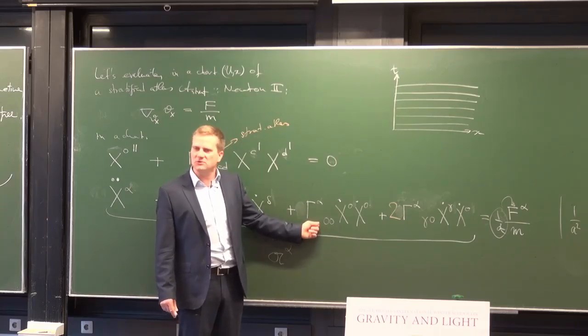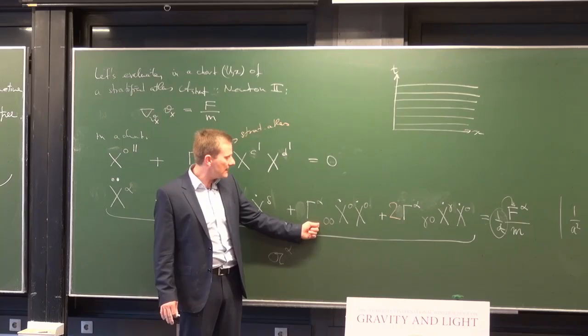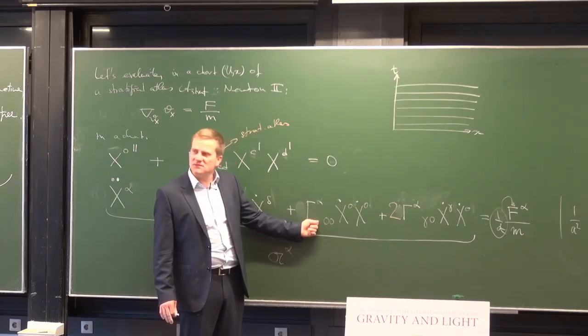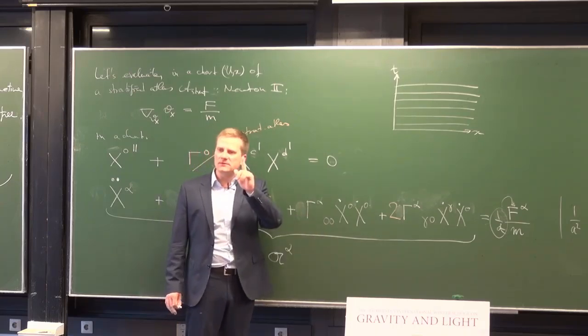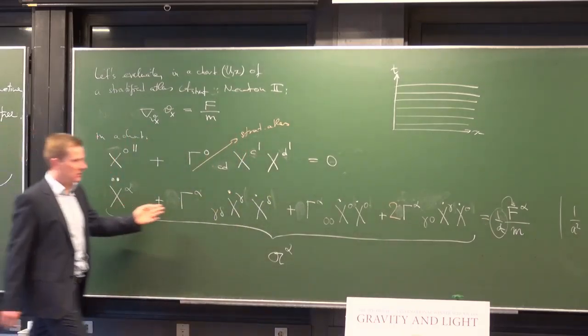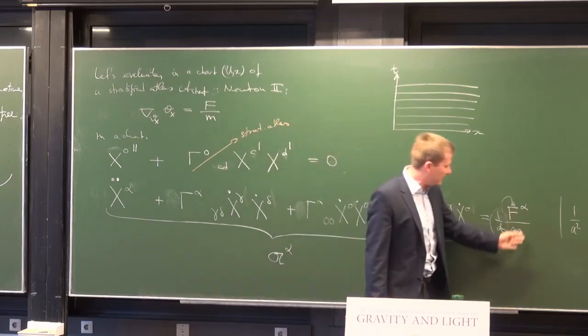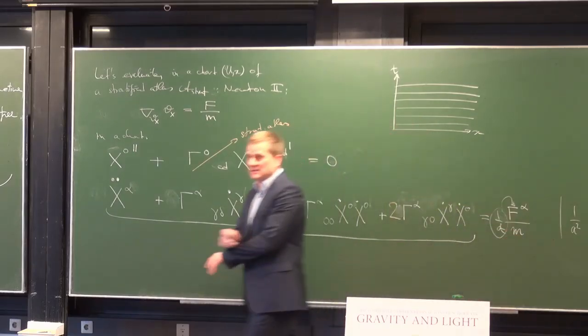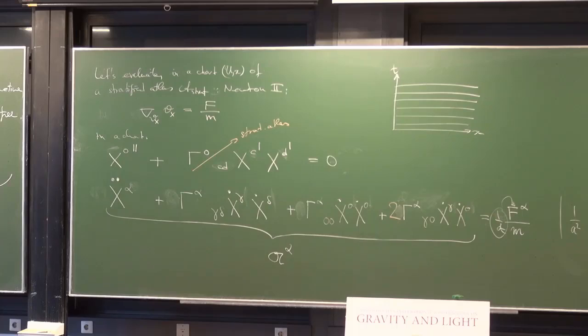You can reformulate this also fully geometrically. I spare you this. The point is, in the absence of gravity, you have a coordinate system where all the gammas vanish. And you say, oh, that's what we always said. X double dot equals f alpha by m in a system without gravity and in a very special coordinate system.